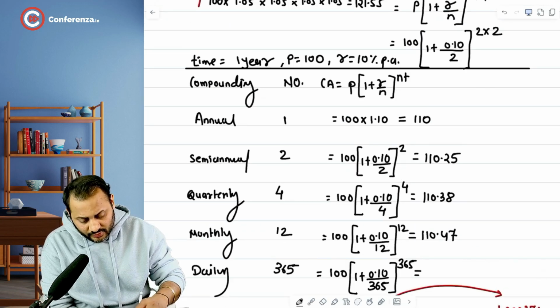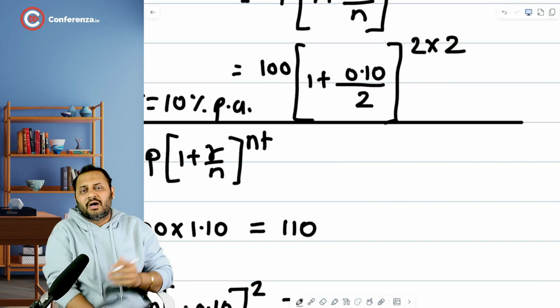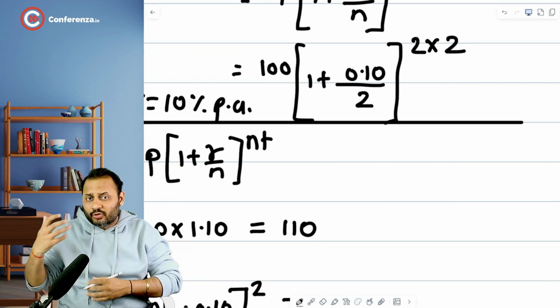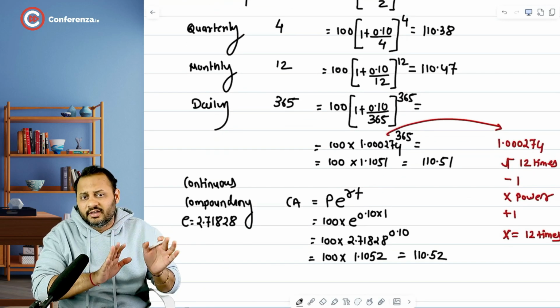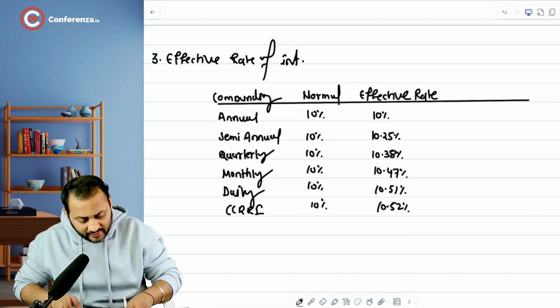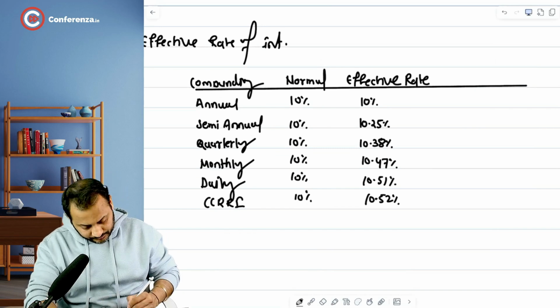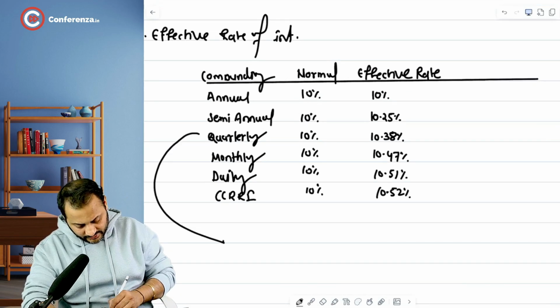What you have to do is take this part, 1 plus r divided by n to the power nt, and then deduct 1 out of this, because 1 denotes the principal amount, right? And we have to calculate just the rate of interest. So if you have to calculate the rate of interest only, you deduct that 1 out of it. So the calculation will be like this. I will take any of the examples. Let's say quarterly.